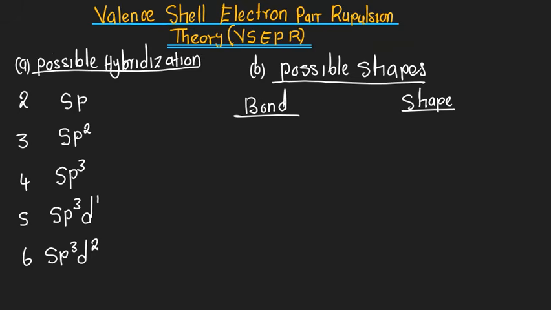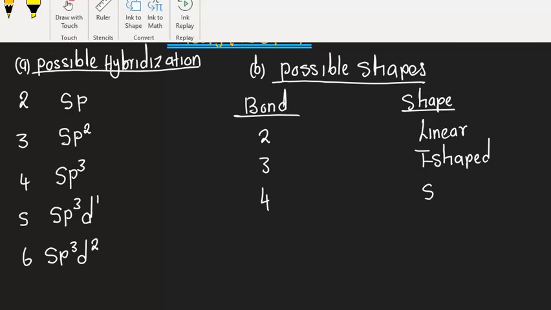If your compound has 2 bonds, you expect its shape to be linear. If a compound has 3 bonds, you expect its shape to be T-shaped. If it has 4 bonds, you expect it to be square planar.